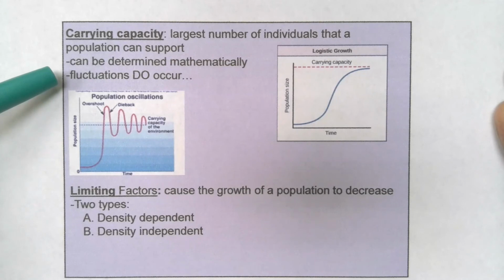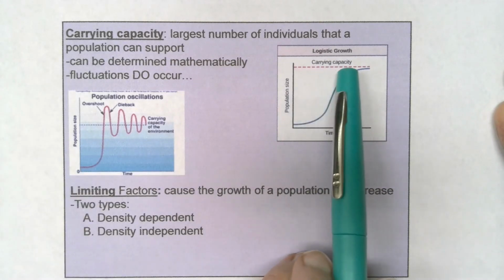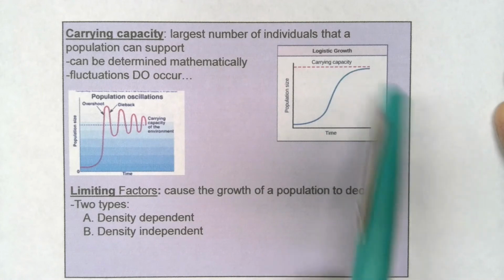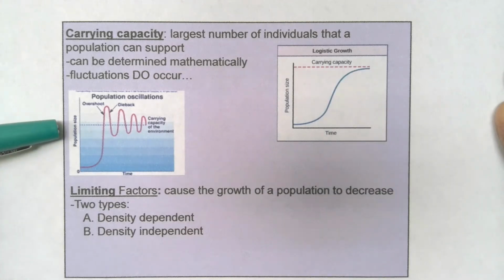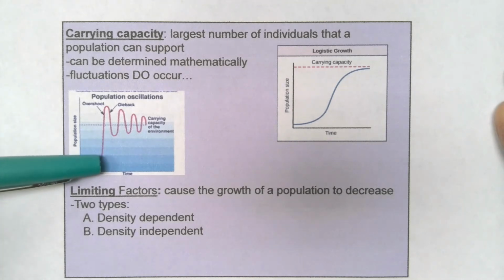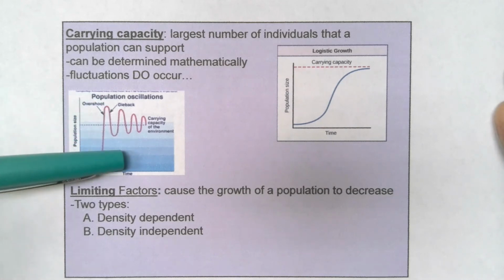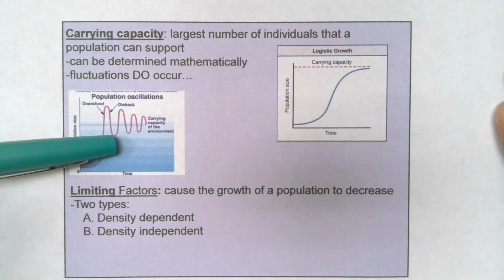Carrying capacity in this diagram is just shown as a nice straight dotted line at the top of that curve. But this is what really happens in nature. Let's say, for example, that bacterial population I was talking about gets really, really big, then that might be that overshoot, and then there's no food for the bacteria to decompose. And so then you'd have dieback, and some of those individual bacterial cells would die.